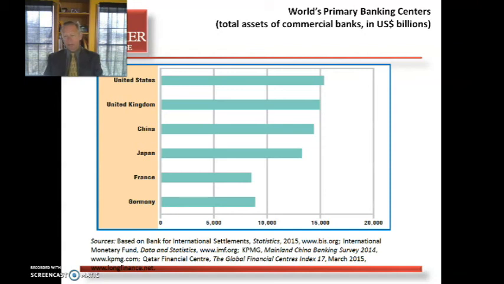So the world's primary banking center, of course, the United States is number 1, down there in good old New York City. London is number 2. China is huge, and we're going to talk about that a little bit later. The reason China is huge is because, as I've told you before, they have a dirty float. They're keeping their yuan undervalued.